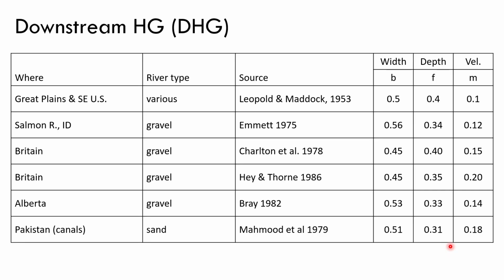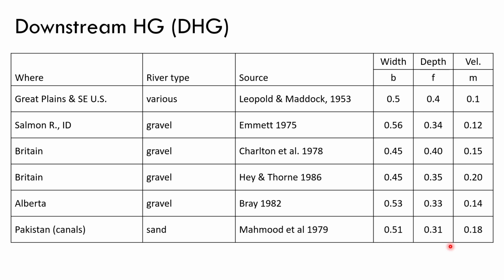Okay. So some of the applications of downstream hydraulic geometry, and hydraulic geometry in general, are that we can try to predict if we have exponents from other places, or we can try to create our own for our own sites. But generally we use the already established hydraulic geometry relationships as references to try to predict bankfull width and depth for a cross section.